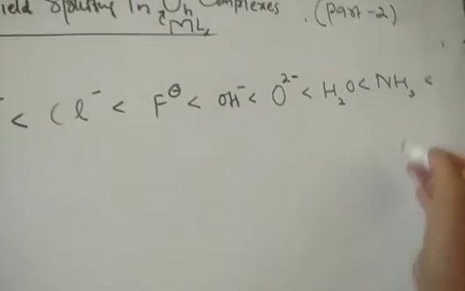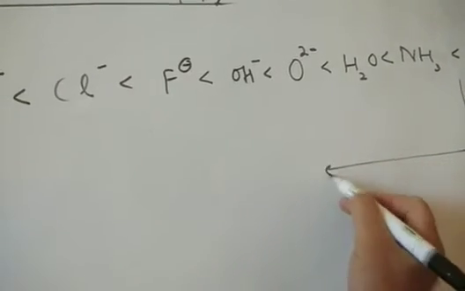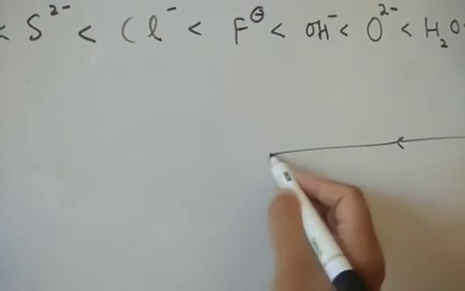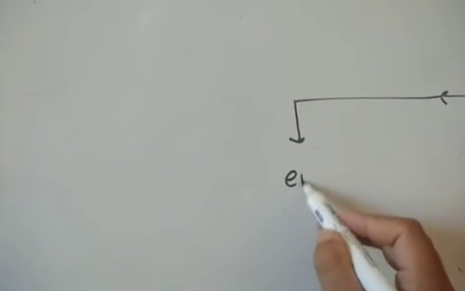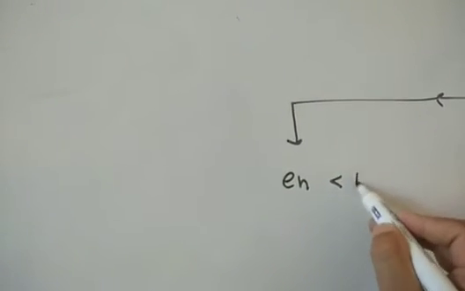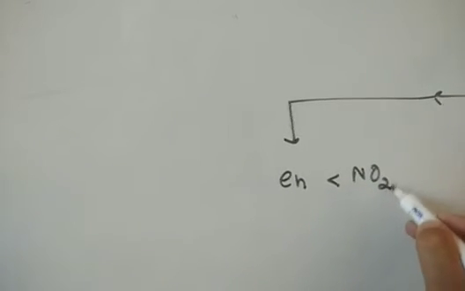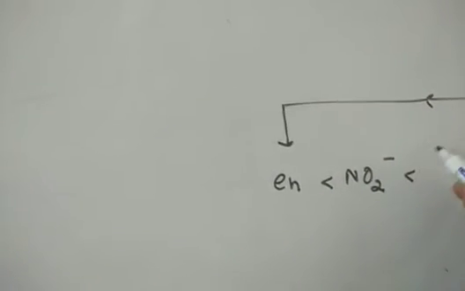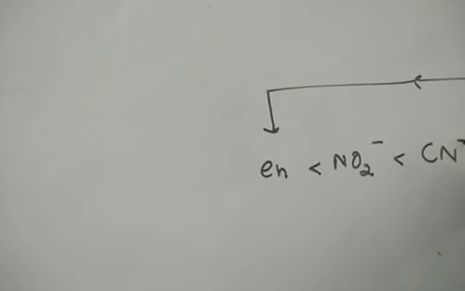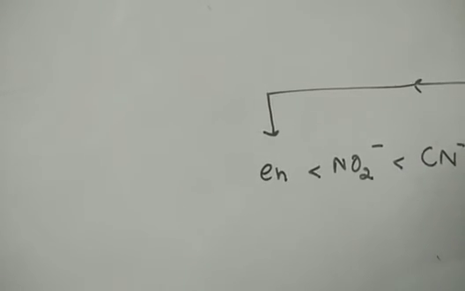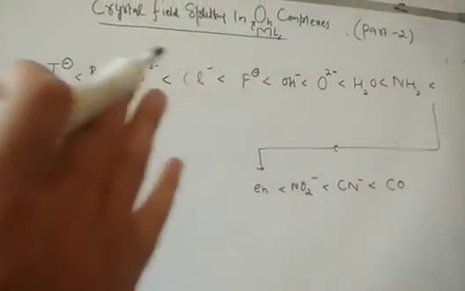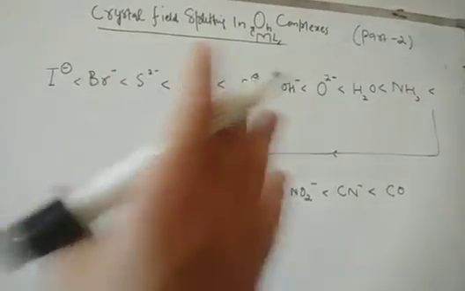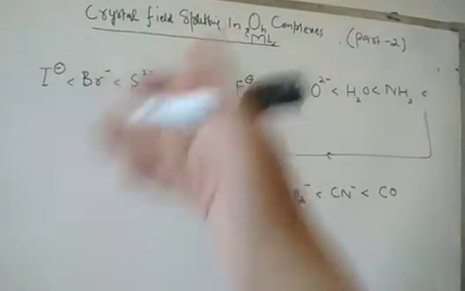Then we'll move to this side, starting from here: ethylenediamine, NO2 negative, CN negative, and CO, carbon monoxide. So this is the increasing order of the strength of ligands as far as their crystal field splitting is concerned.